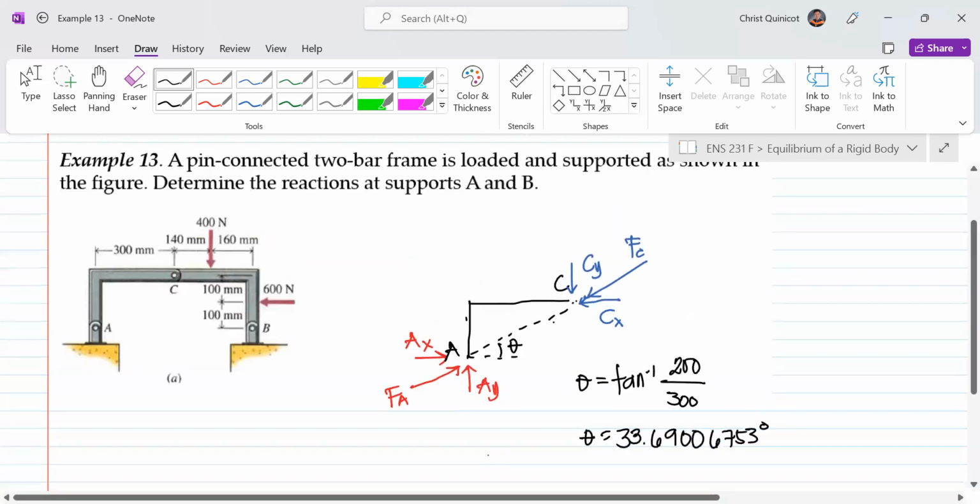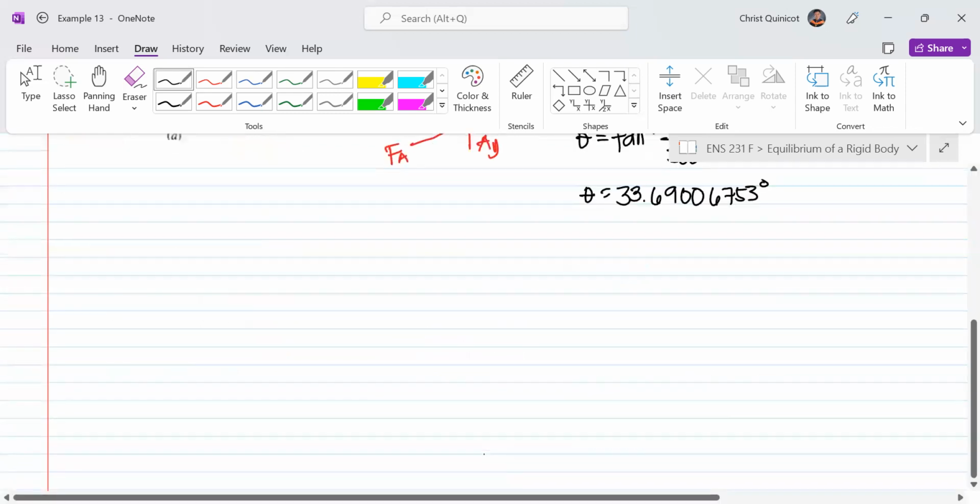Now we will express this entire structure in terms of its support reactions.